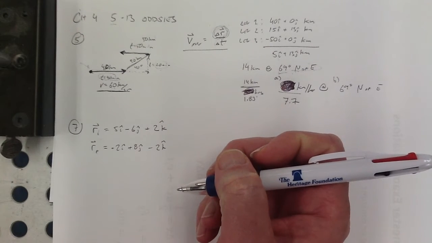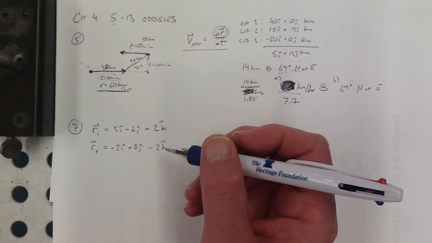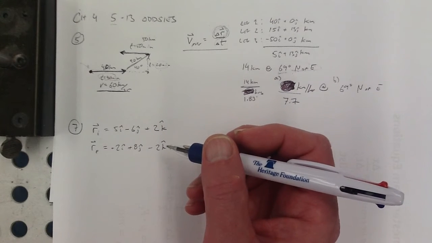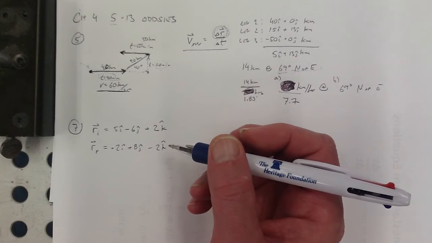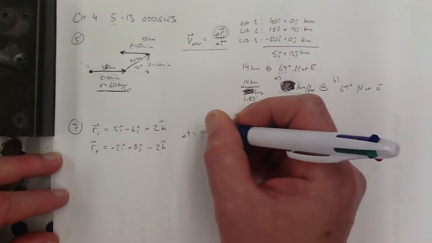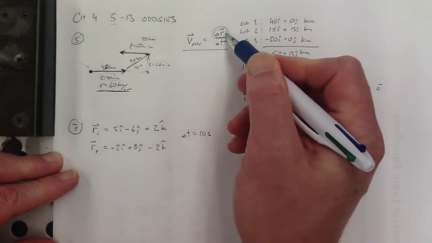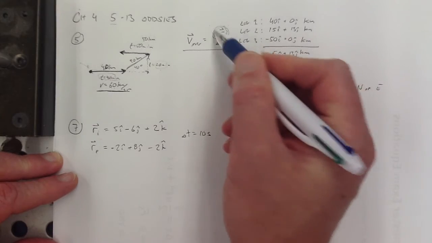All right, all in meters. I dropped the point zeros on all those just for ease of doing math. In unit vector notation, what is the average velocity during the 10 seconds? Time elapsed here is 10 seconds between those. Okay, so, well, it's delta r over delta t, delta position over delta time.